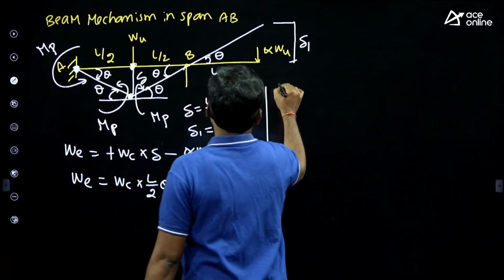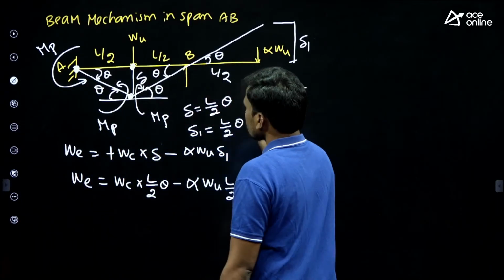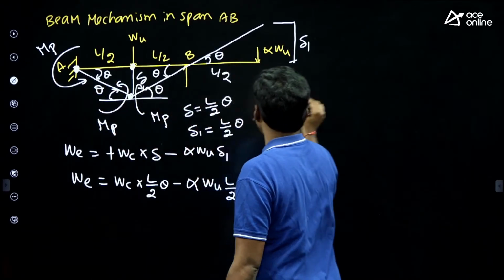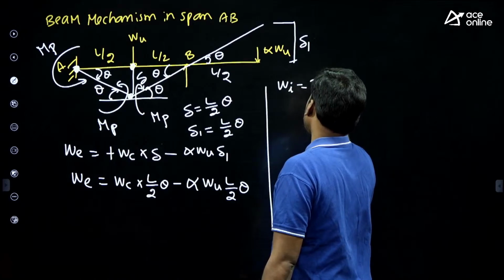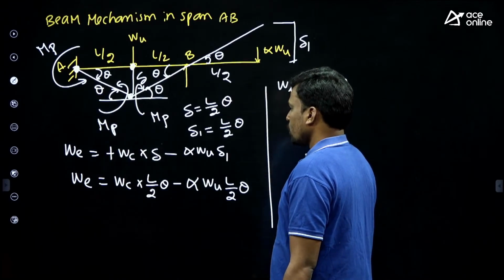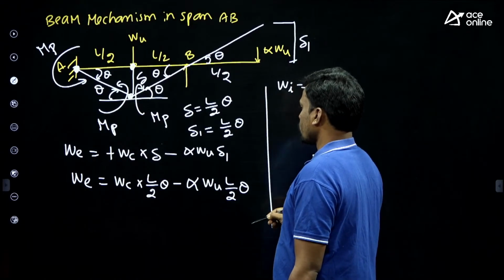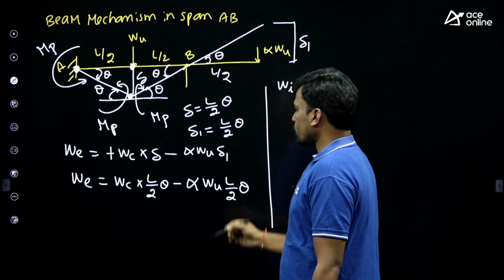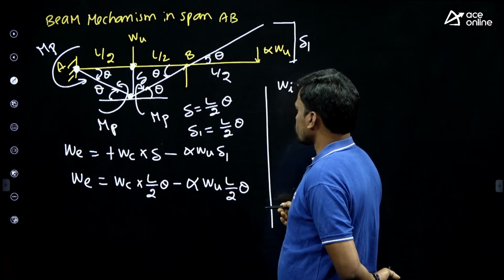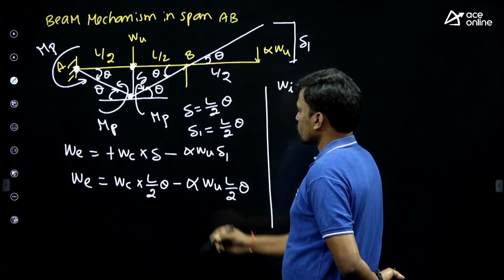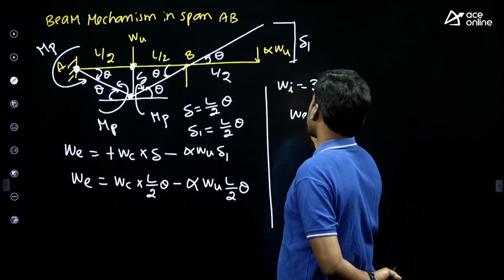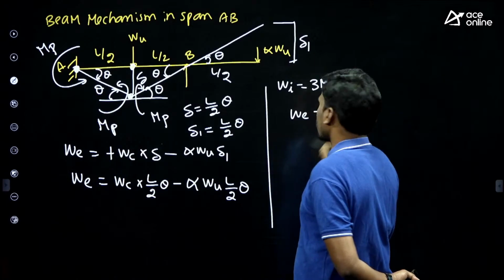Next, internal work done. Just MP into theta plus MP into theta plus MP into theta. Then this is 3 MP theta. Okay. Just from this equation, can you find the collapse load? From this, or find the plastic moment. Just equate external work done equals to internal work done.